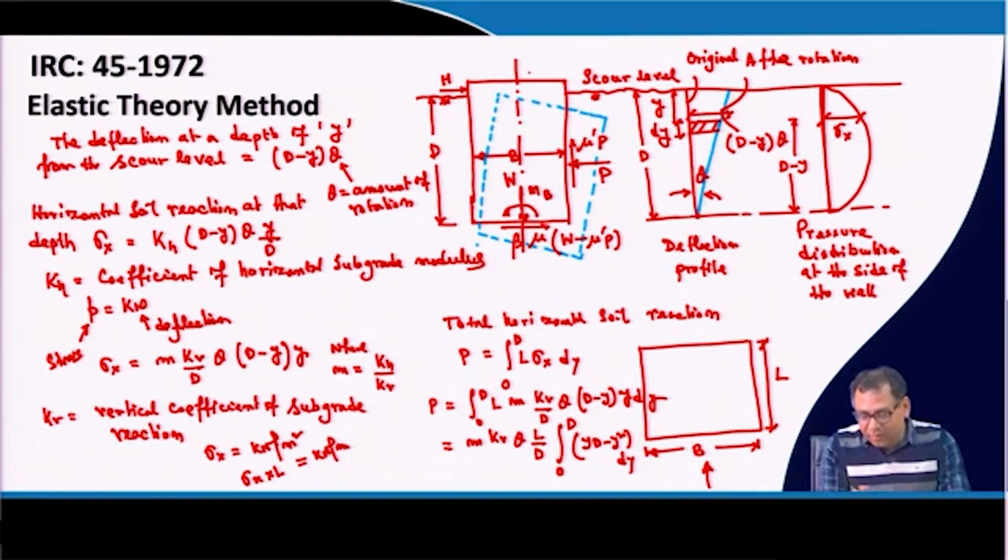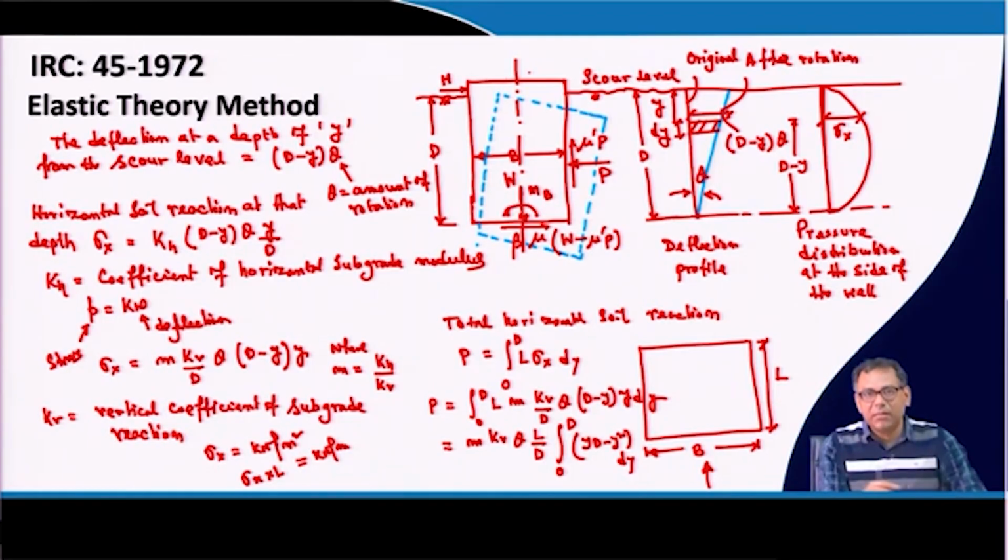Then what are the moments that are counterbalancing this applied moment M? Suppose M is the applied moment with respect to the base. So, that total moment is applied with respect to the base.